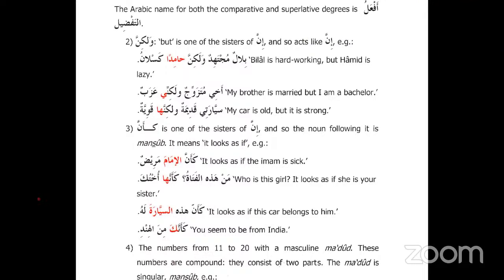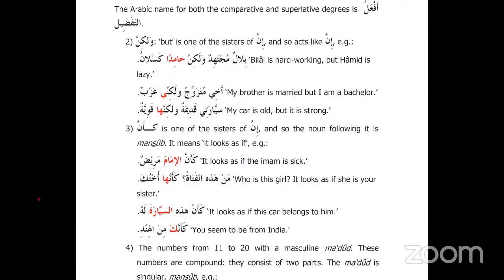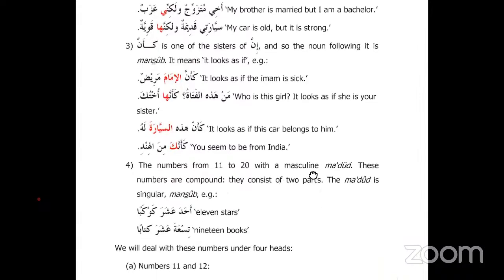Ka'annaha ukhtuka. Who is this girl? It looks as if she is your sister. Ka'anna hadihi as-sayyarata lahu. It looks as if this car belongs to him. Ka'annaka min al-Hindi. You seem to be from India.